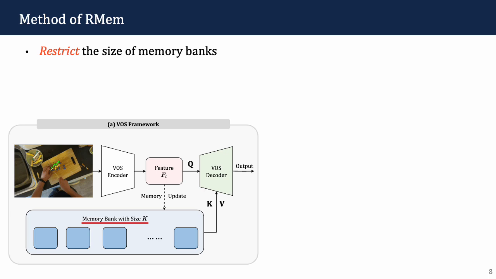Our first modification is the direct implication of our insight: restricting the size of memory banks to a constant number. As a baseline, we select the first frame, which is the input to the VOS, and the most recent K-1 frames, similar to a first in, first out schedule.